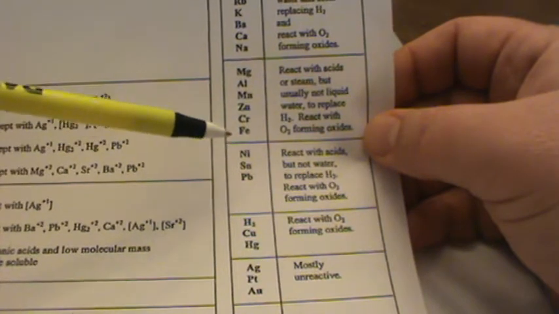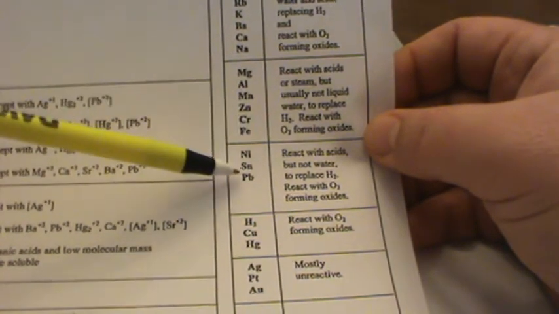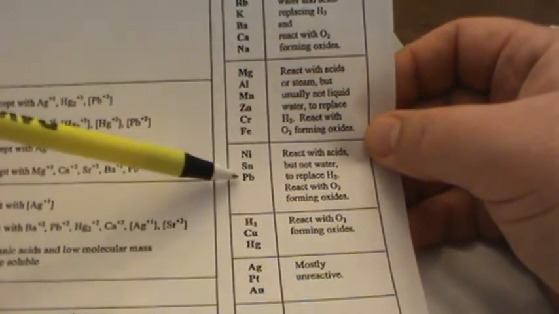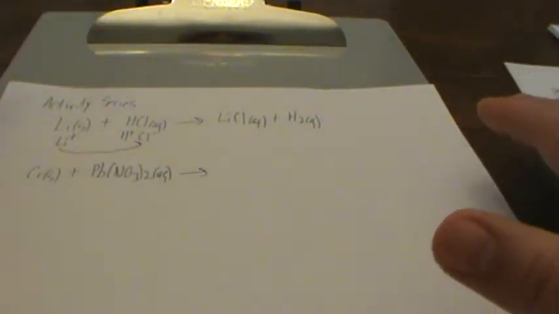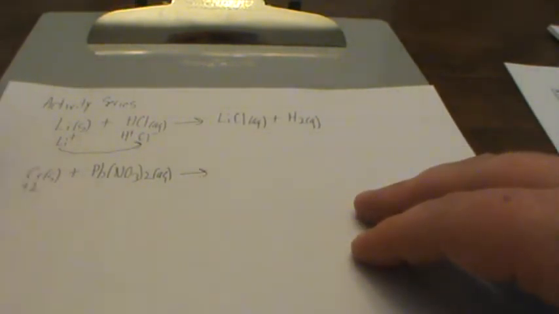If the element that is by itself is higher on the list than the one that is in the compound, the reaction takes place. So chromium's up here, lead's down here. Our reaction is going to take place. So we can proceed with figuring out what our product's going to be. Chromium usually has a +2 charge.